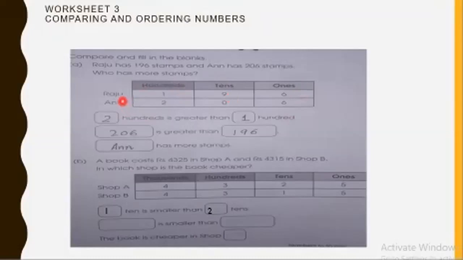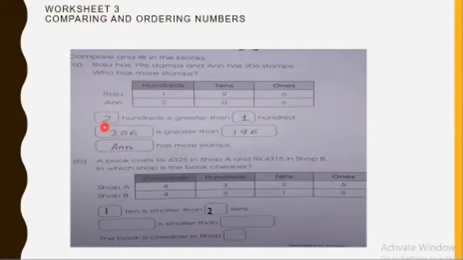Then they put the value of Raju's stamps, 196, and then the value of Anne's stamps, that is 206. They have already put the values, and then they are asking you to fill the blanks.